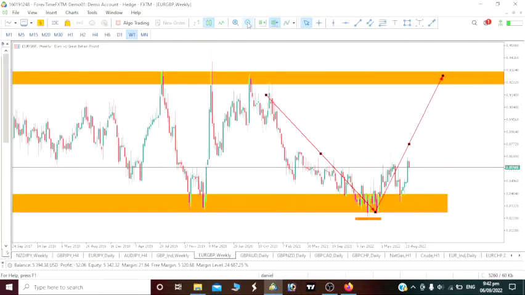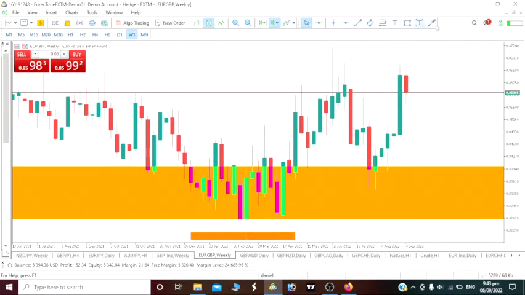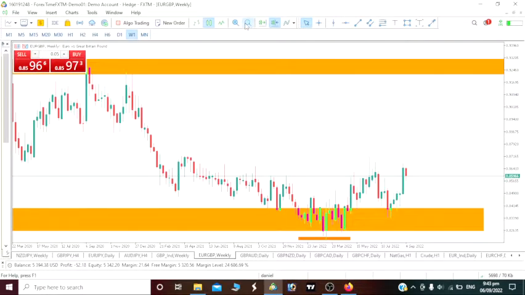So from the weekly time frame standpoint, we are expecting to go long on our Euro GBP.